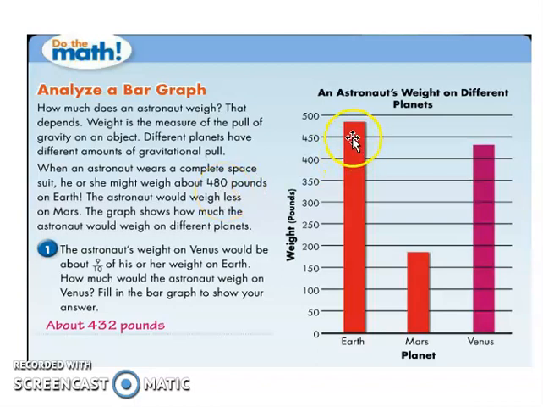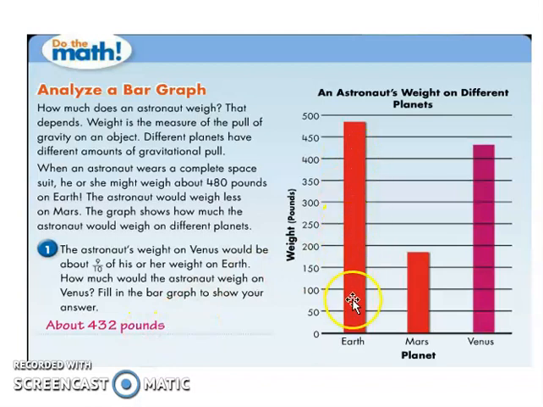So this is the weight of the astronaut wearing the suit here on Earth. But when the astronaut travels, for example, to Venus, his weight is just 432 pounds.